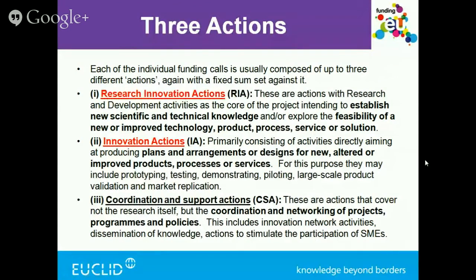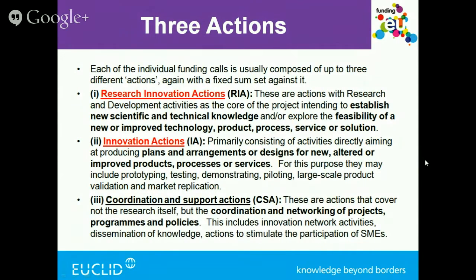So the first one is about doing the research part to establish whether or not this bright idea you've got is going to work. And the second one, innovation action, is really about testing, prototyping, demonstrating, piloting, and so on. So if you have already researched your idea and you need to test it, you go straight to 2. But if you're still at the research stage and need some support to actually do the research properly, then you will stay at 1.